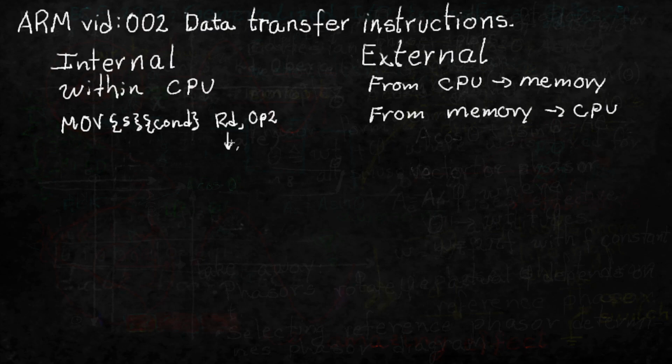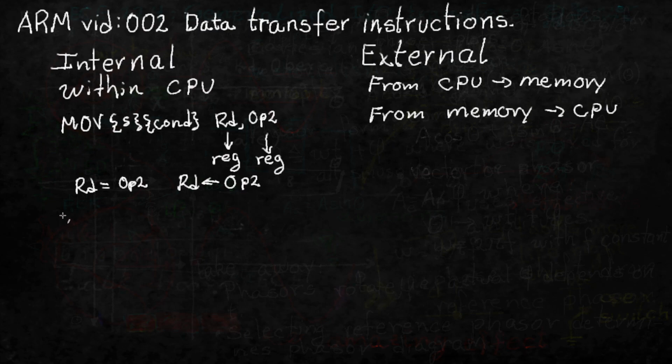So here we need to choose a register, and here we also need to choose a register. The result of this operation is going to be that RD is going to be equal to op2, or according to different notation, RD will take the value of op2.